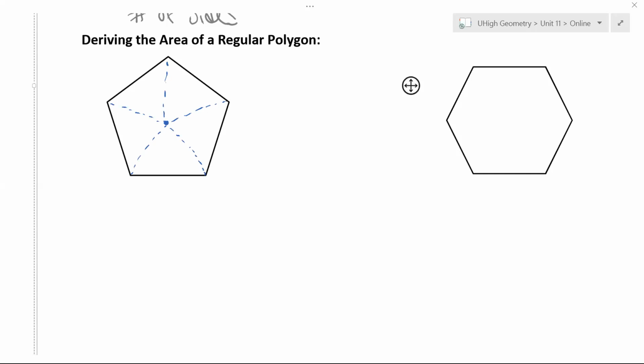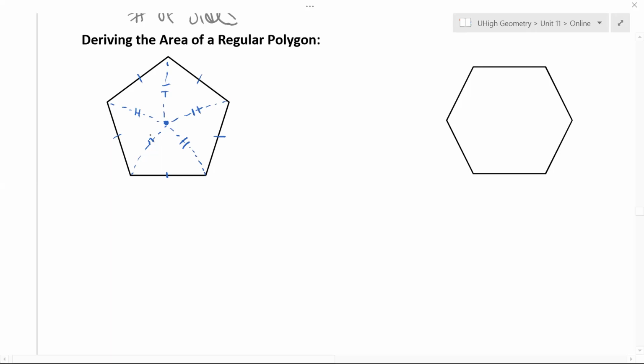And one thing that you guys can know from these 5 different triangles is that I know this base of each one is the same. And I know that each one of these interior lengths is also the same because they're all that radius of the figure. So right now I have 5 congruent triangles that I've created inside of this polygon.